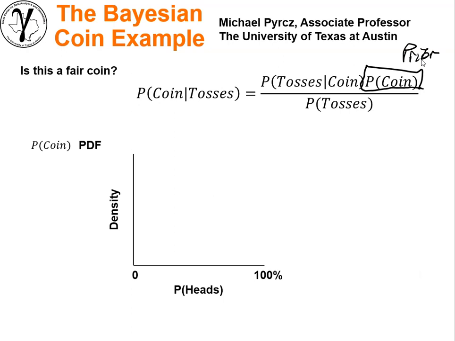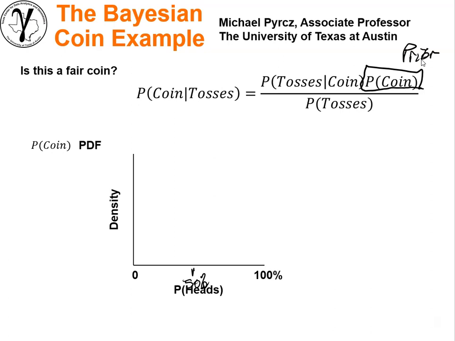Maybe you look at me and you say, well, Pyrcz seems like a very honest person, so I anticipate that this is going to be a fair coin. So what you have to do is design a PDF representing the probabilities of different probabilities of heads. Now, if we look at this plot down below, this is a fair coin. That would be 50% probability of heads.